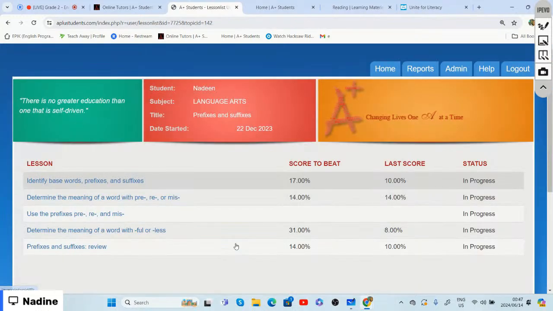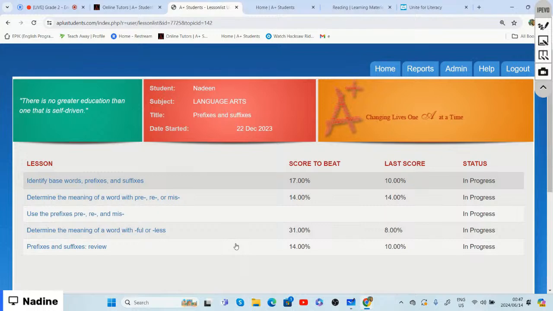We said that with prefixes and suffixes, we have a base word, and the base word is a word that can stand on its own. And with the base word, we can either add our prefix before the base word, and we add our suffix at the end or after our base word, right? And then it creates a new meaning, or the meaning changes.